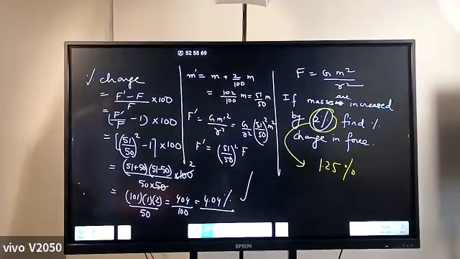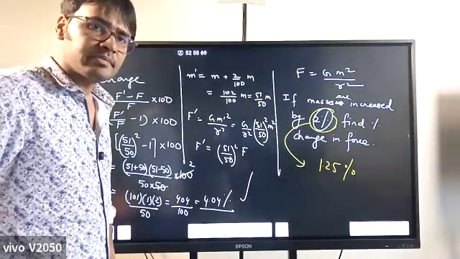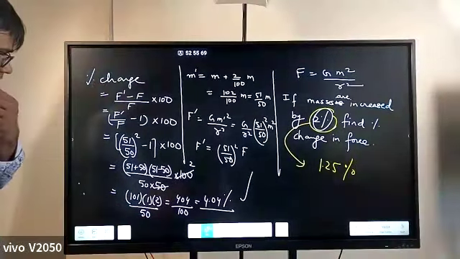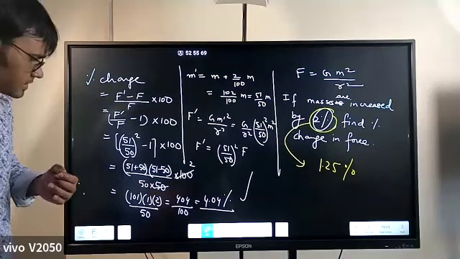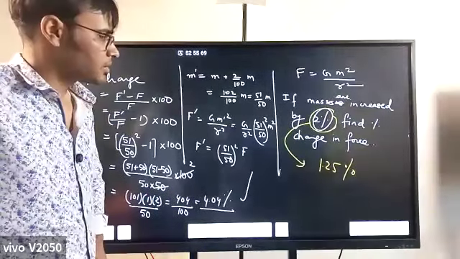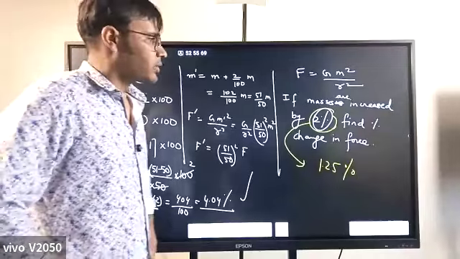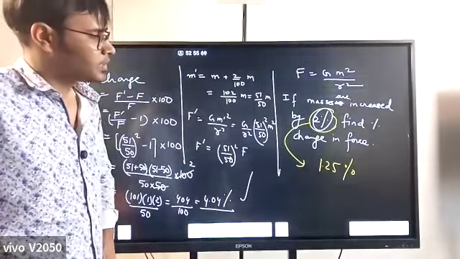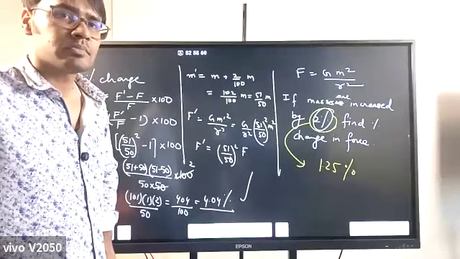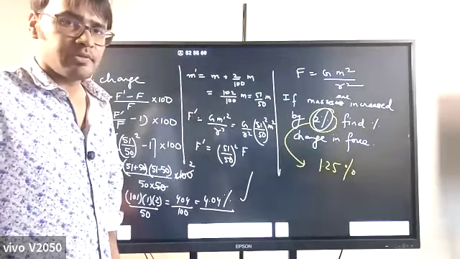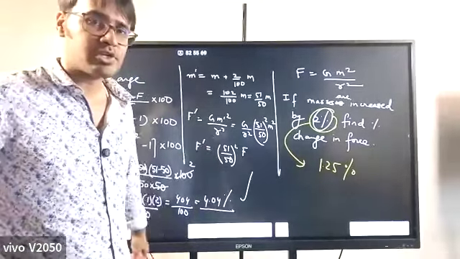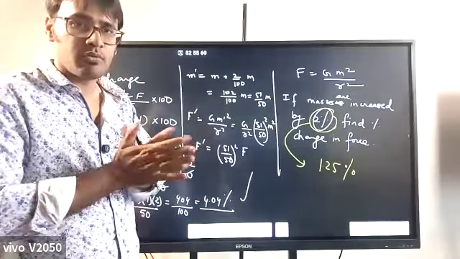One student is saying that he is getting 404 by 50. Saxon, did you check your calculation? I think this is correct. Everyone is getting this. Saxon, you check your calculation. Okay, now try to understand the point which I am trying to make. Everyone is getting 4.04.